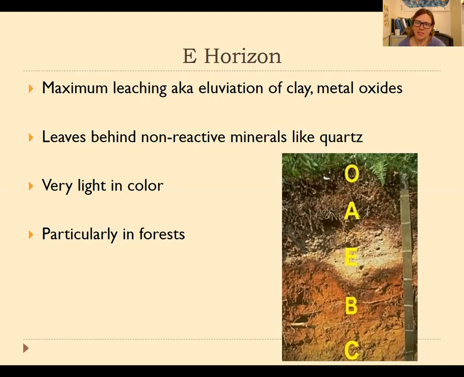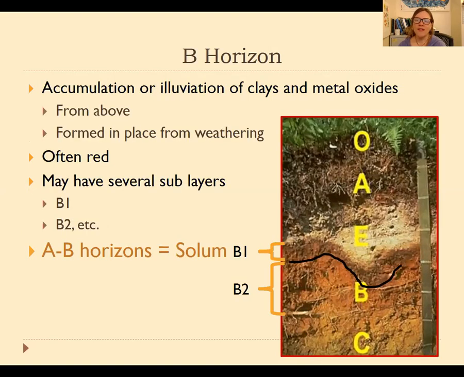And then again, this is particularly in these kind of wet temperate environments where we might have forests. You can imagine areas around like Seattle or Vancouver or New Zealand, where we might have these kinds of E horizons forming. Okay, then the next real major soil horizon is called the B horizon.